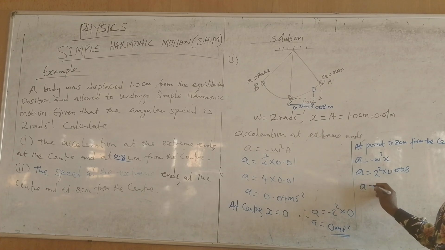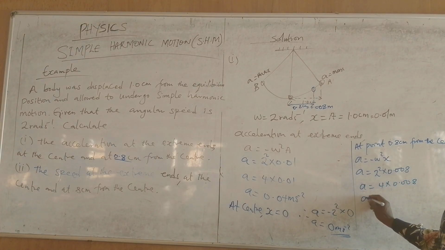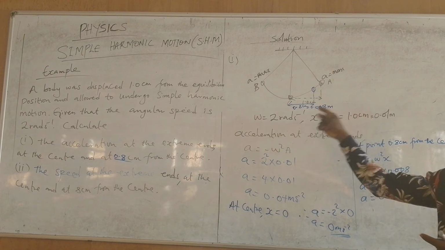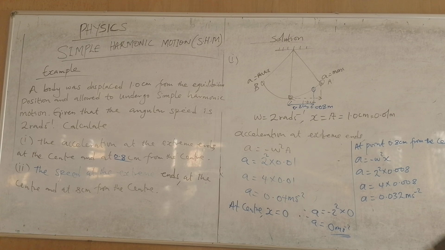So that's equal to 4 times 0.008. What do you have? 0.032 meter per second squared. So you know, I told you that acceleration decreases as we move towards the center. So you can see that this 0.04 is more than this now.